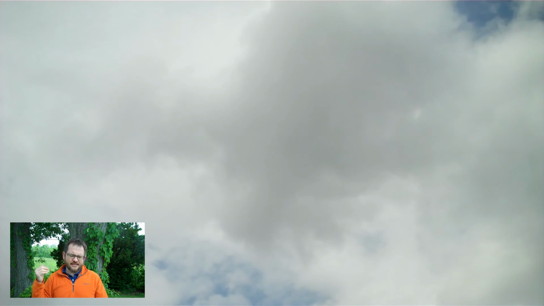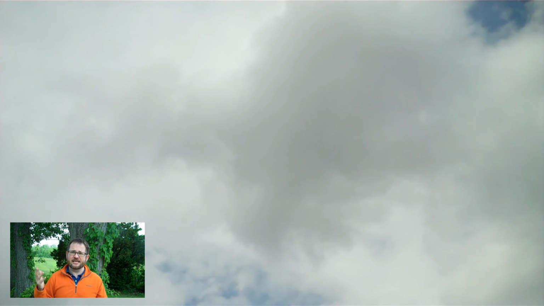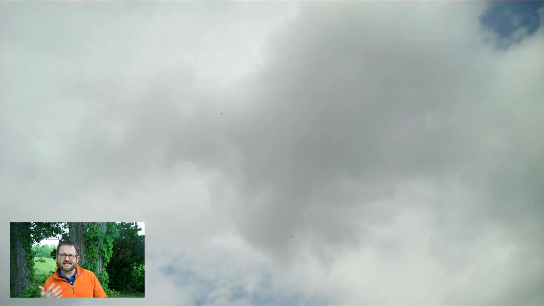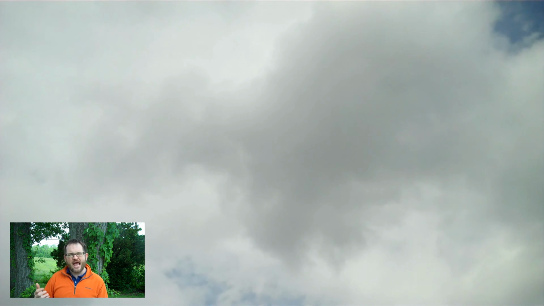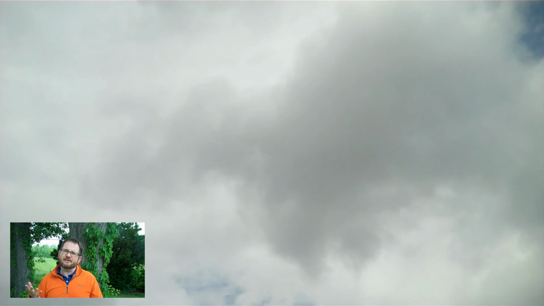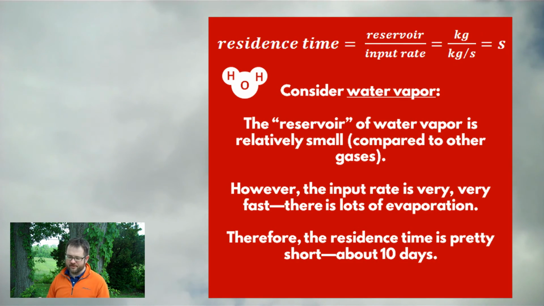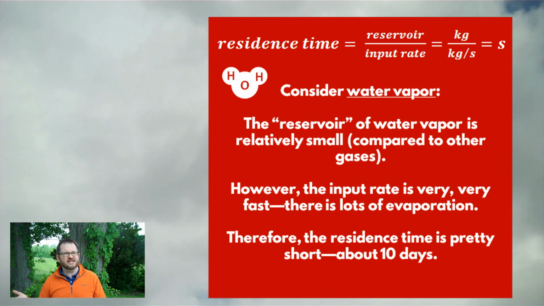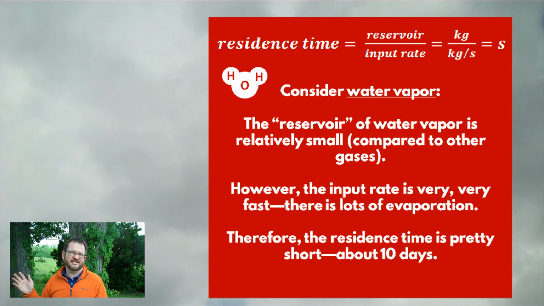So let's start thinking then about these individual gases. Let's take some examples of some individual gases and think out what would their residence time be. For example, let's consider the example of water vapor. Now, the reservoir of water vapor is actually relatively small. We're going to see in a little bit that only under the very most humid conditions is the amount of water vapor in the Earth's atmosphere even as much as like 1% of the air.